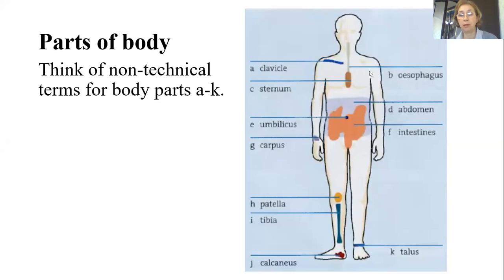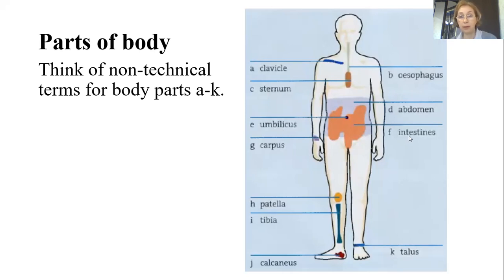And the whole pipe is called esophagus, okay? So for sternum, breastbone. Breastbone, good. Then abdomen, stomach or tummy, umbilicus, belly button, corpus, wrist.